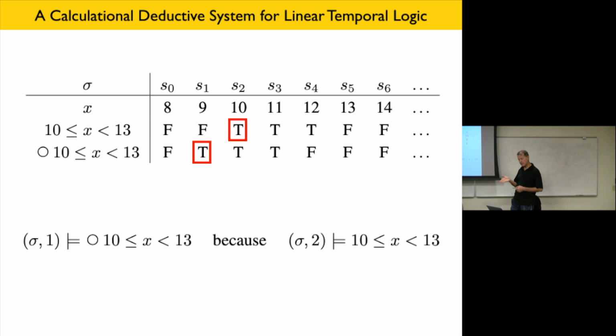Because like in state S3, 11, 10 is less than or equal to 11 is less than 13. And now check it out, you guys. False, false, true, true, true, false, false, that's 10 is less than or equal to x is less than 13. But what about next 10 is less than or equal to x is less than 13? Why is that true in state S1?